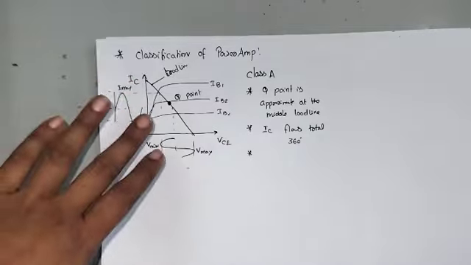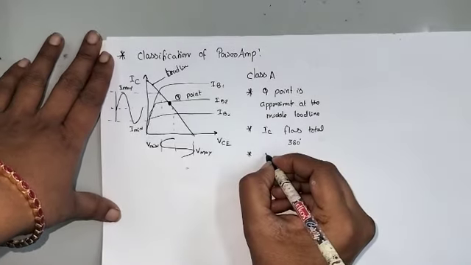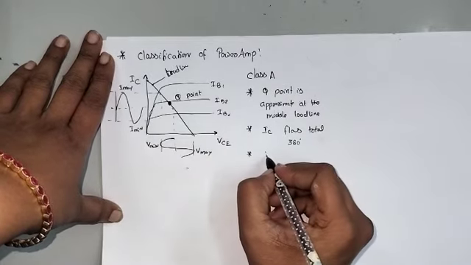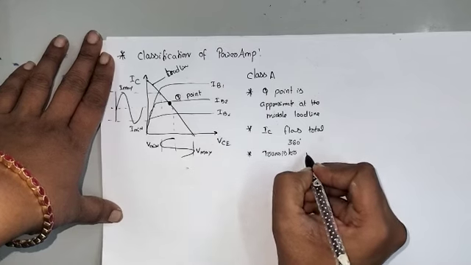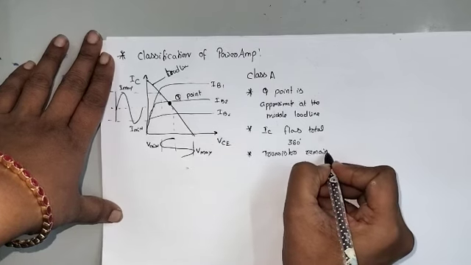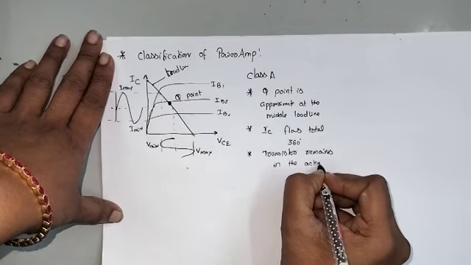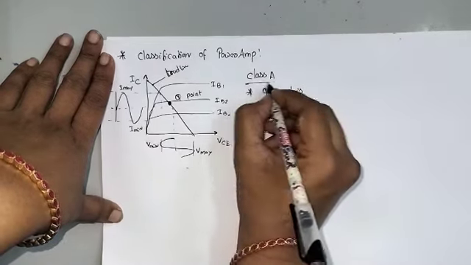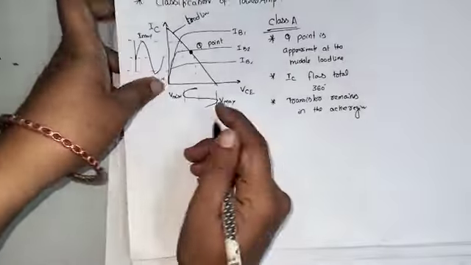The third point is that for all the input signal values, the transistor remains in the active region. These are the important points for the class A power amplifier, and it can be represented with waveforms.